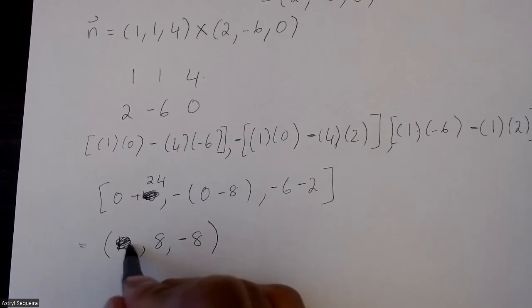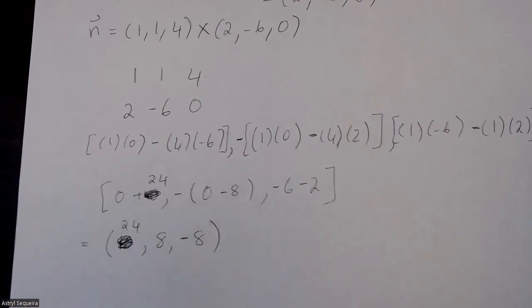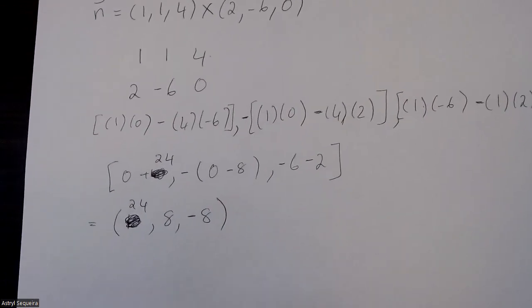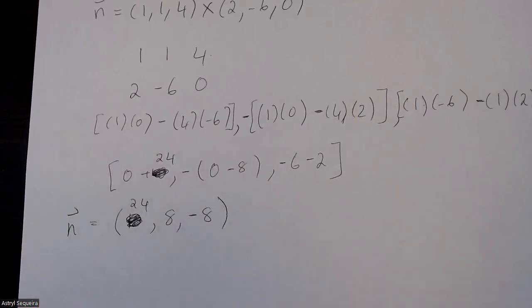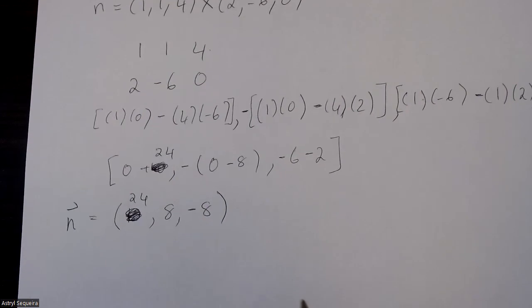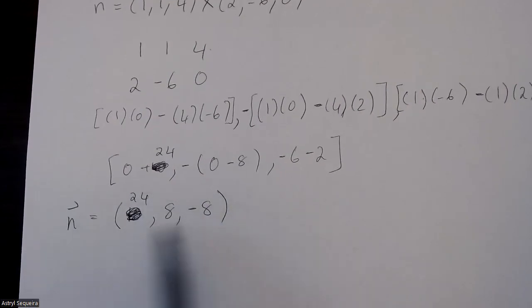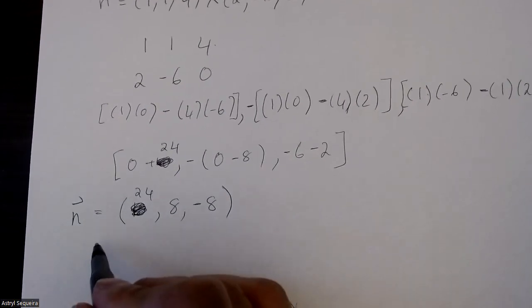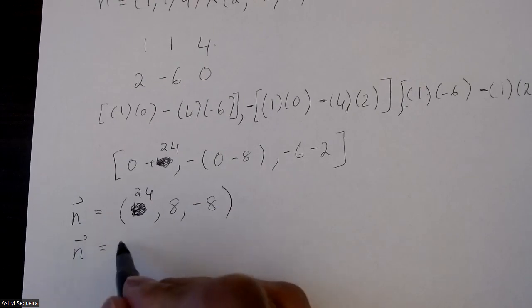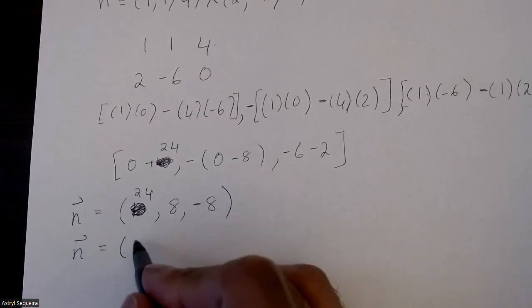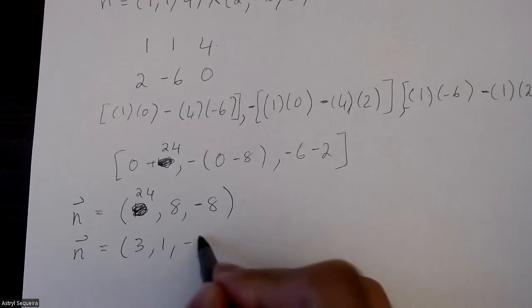So this is just a 24. So 24, 8, negative 8 is my normal vector. Now I can just simplify this down. I can simplify it down now or later. I can divide all of these by 8. So my normal vector is just 3, 1, negative 1.